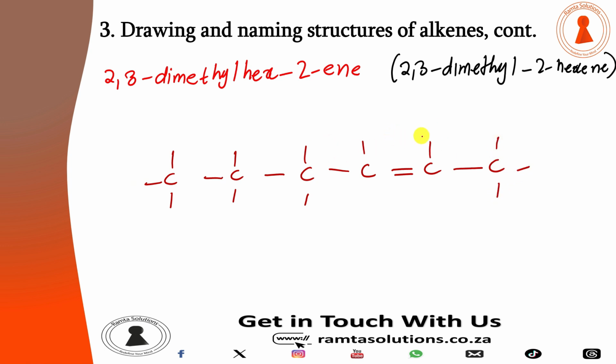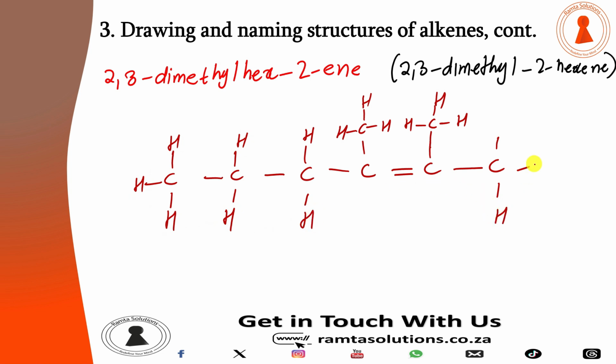On carbon 2, we have methyl. On carbon 3, we also have methyl. Do we have any other substituent? No, we don't. So let's just fill in all the 8 hydrogens. This color is actually nice. I should have used it all along. So you can see now how we label them.